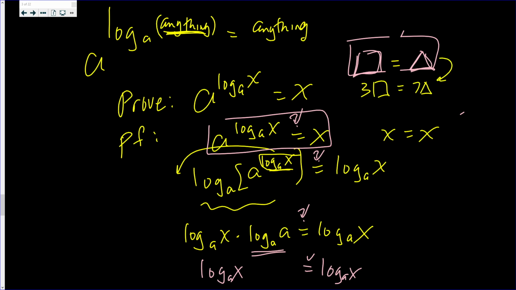See, this may imply the second line. It may imply the third line. It may imply x equals x. But the beginning line doesn't imply the second line. If in fact these are equal, and you multiply by 3 and 7, they shouldn't now magically become equal.